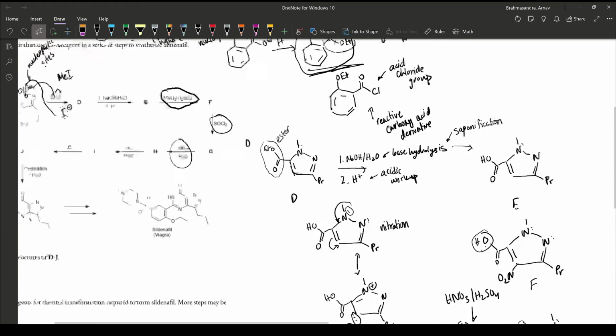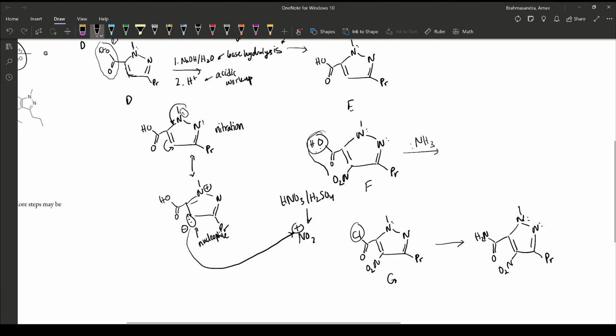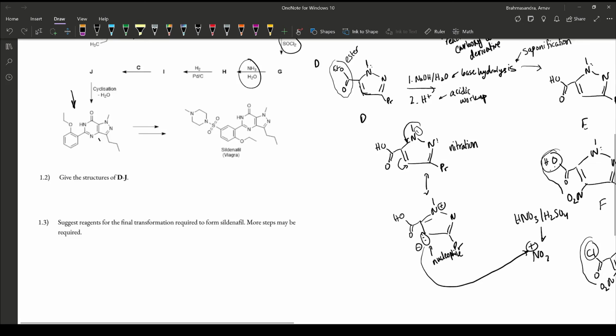When we add the ammonia, we want to form an amide there. If we just reacted with ammonia here, we wouldn't get as good yields. Why? Because this carboxylic acid is more stable than the amide itself. But when we replace this with the chlorine, we basically destabilized it. We made the carbon really electrophilic, and then it's going to react pretty easily, and we're going to form our amide product well. So this should be our H.